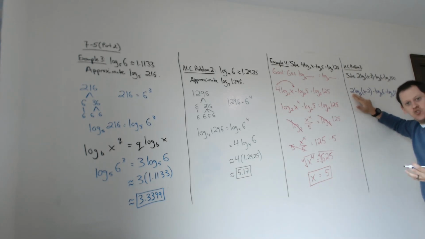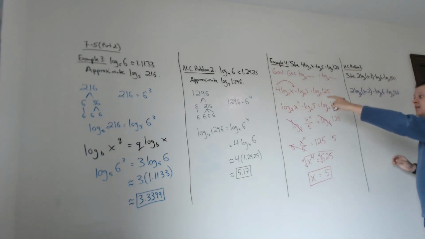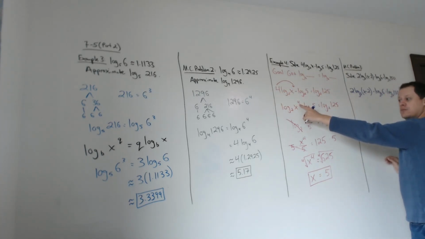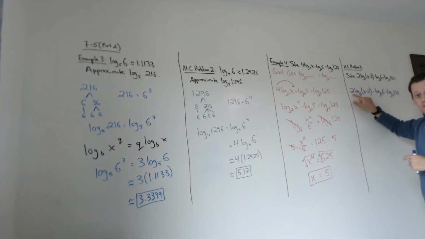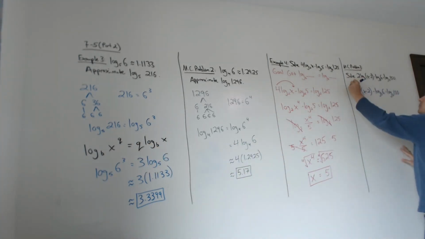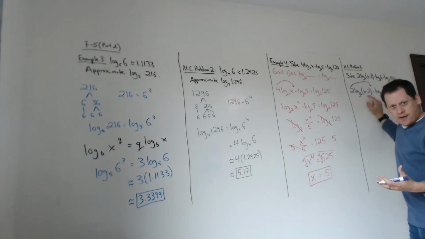Again, we've got 2 out front, just like we had this 4 here before. So we move this 4 into the exponent. That is using this rule again. We're going to do that here with this 2. So we're going to move this 2 into the exponent. It looks a little different because this is x minus 2 in here.